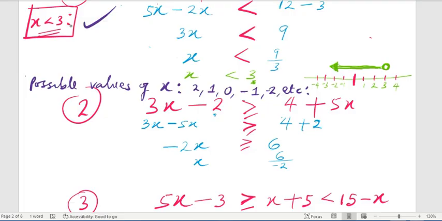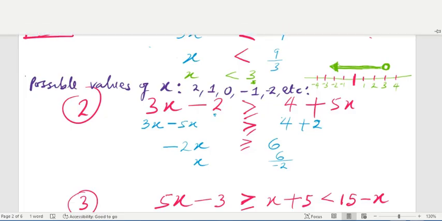Let me tell you something. I really implore everyone to listen. This is very, very key. Anytime you are multiplying or dividing with a negative, the sign of the inequality changes. I have to note it down. It's a very important thing.